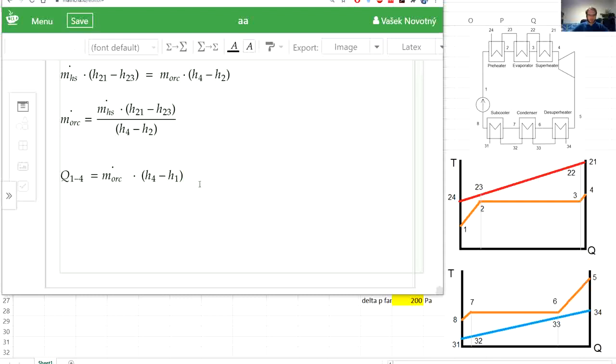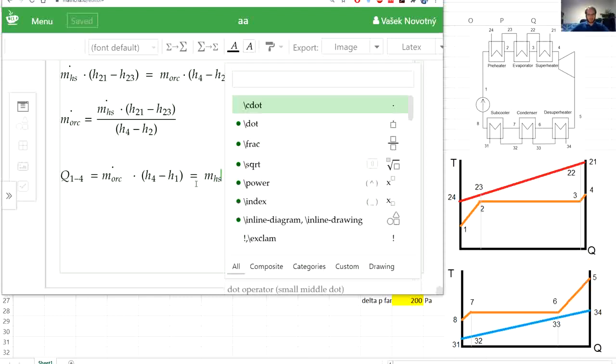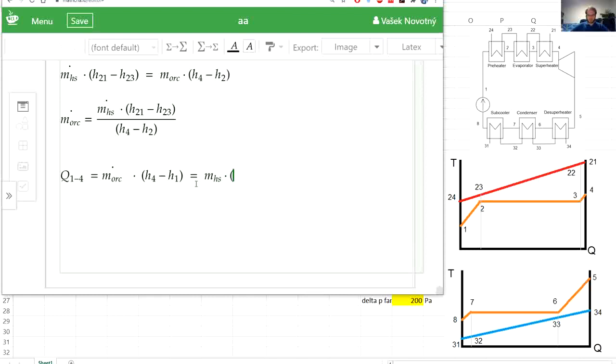And then this amount of heat also needs to be the same as the mass flow rate of the heat source multiplied by the difference in enthalpies of the heat source. That means H21 minus H24.